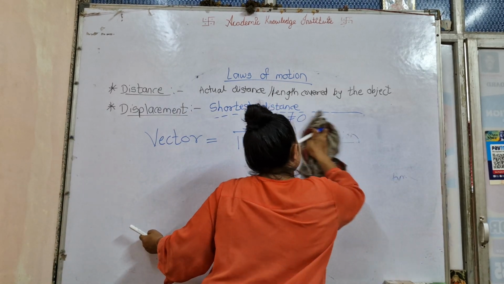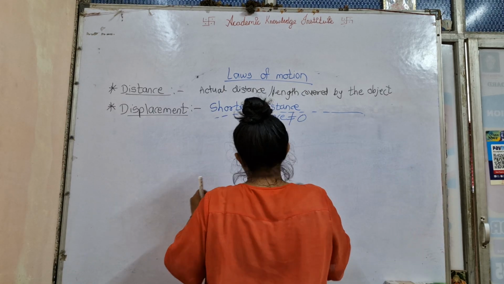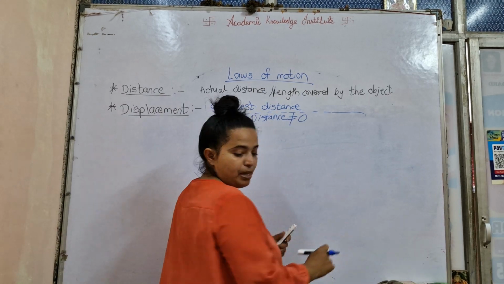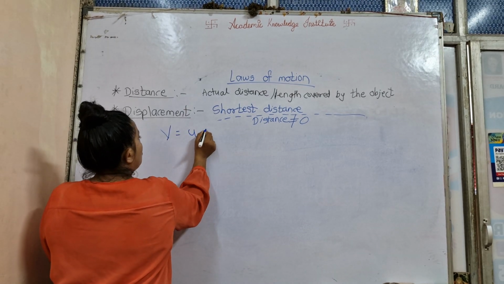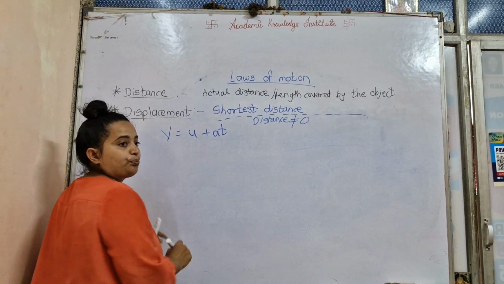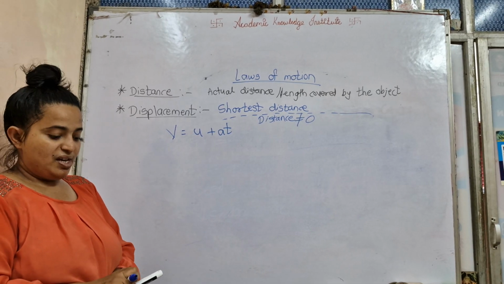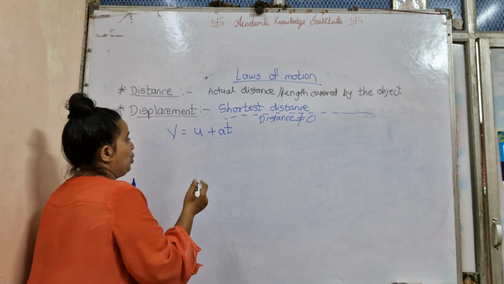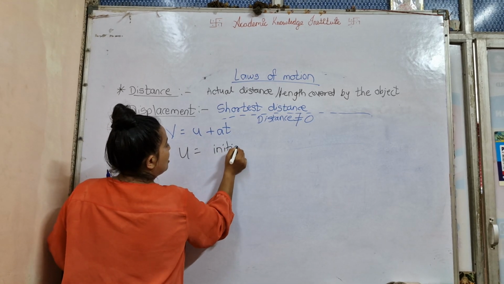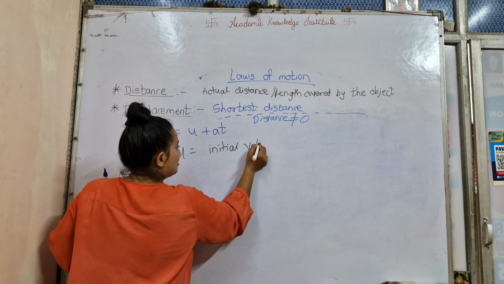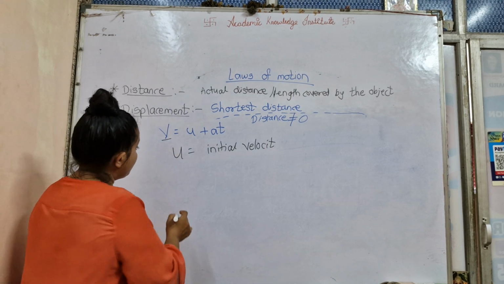Now we have some equations that you also studied in the previous standard. There are three equations. The first is V equals U plus AT. In this, what is U? U is the initial velocity. And V is the final velocity.